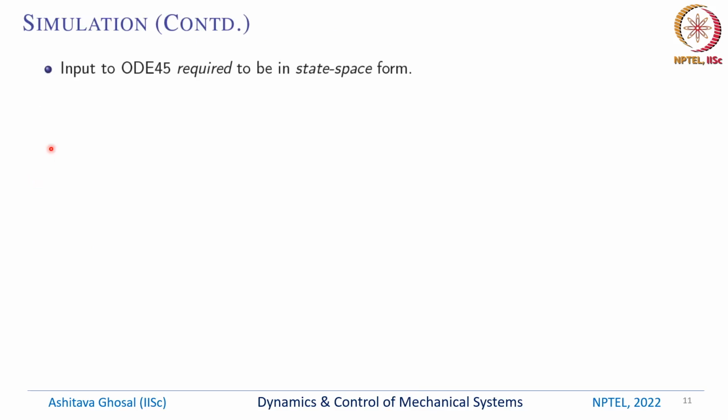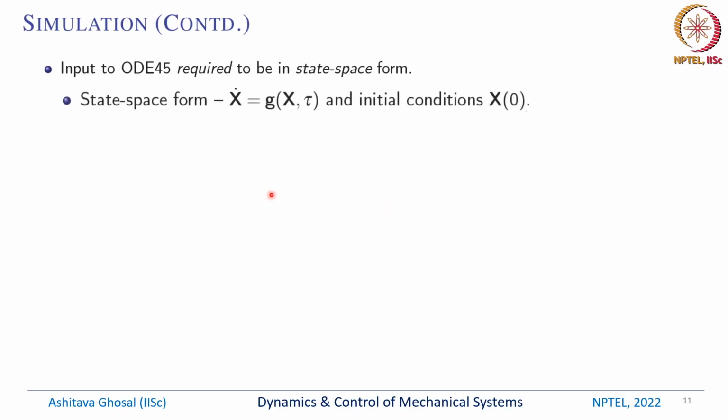The input to ODE45 is required to be in the state space form. So what exactly is the state space form? We want the differential equations as first order equations. Basically we want it in the form x dot equals g of x comma tau. This right hand side could be nonlinear functions of x and also torque. But the equations of motion are second order because they contain theta double dot, and we want everything in the form of a first order equation.